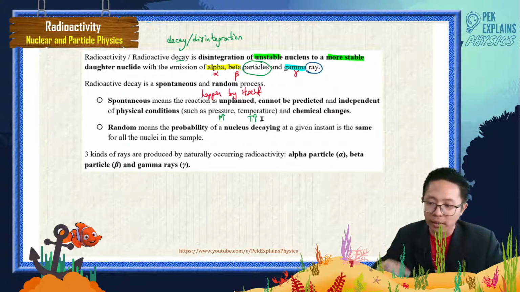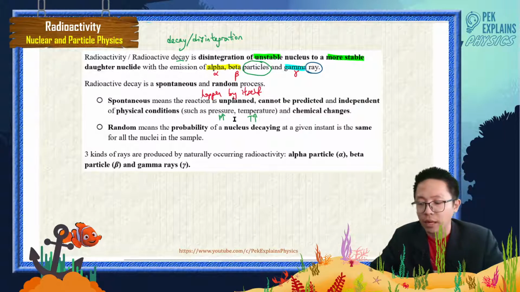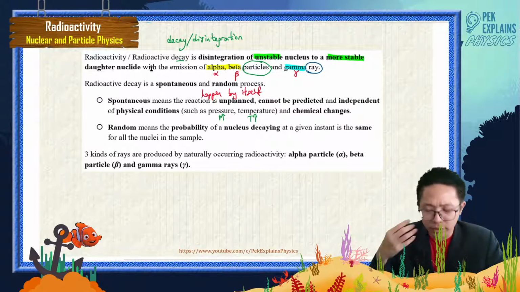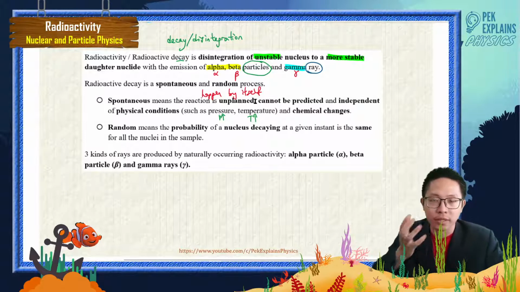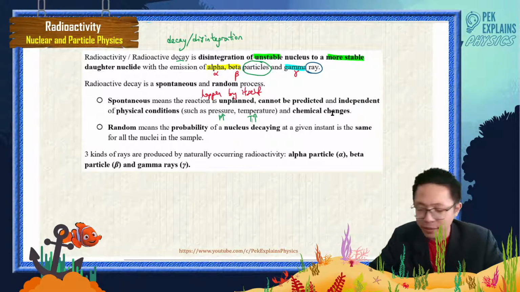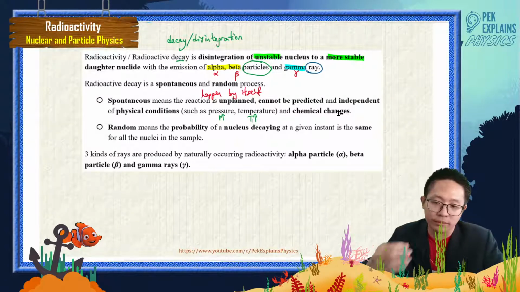You cannot bury it underground under very high pressure to make the decay happen faster either. The rate of decay is independent of temperature and pressure. You also cannot put it inside an acid; the acid won't change the rate of reaction. It is independent of acid or alkali.